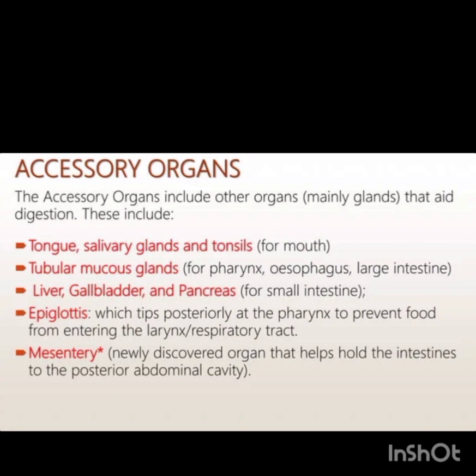Tubular mucus glands lie just beside the pharynx, esophagus and large intestine. Then the liver, gallbladder and pancreas, which help the digestion process in the small intestine. And the epiglottis is a small plate-like structure which covers the windpipe posteriorly, to prevent the aspiration of food into the respiratory tract.